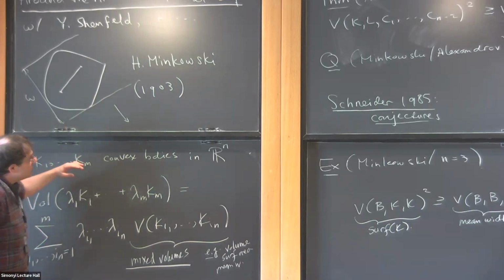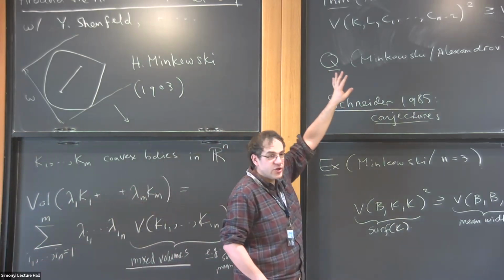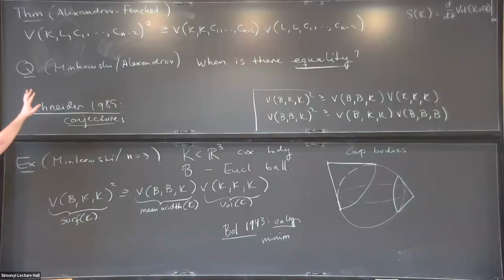The problem with the Alexandrov-Fenchel inequality is that this inequality is actually not proved for general convex bodies. The inequality is proved inside the proofs by assuming that these bodies are very smooth. For example, Alexandrov had two proofs of this inequality. One proof assumed that all of the bodies were smooth and had positive curvature.